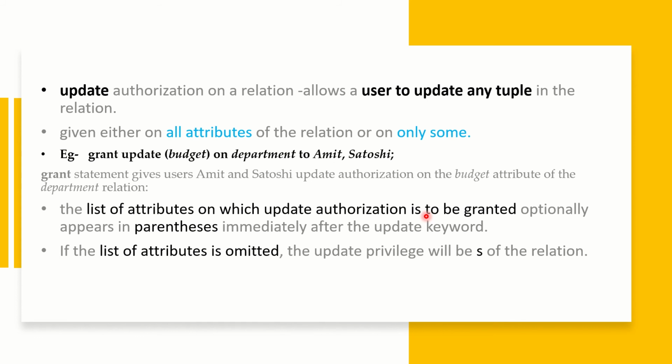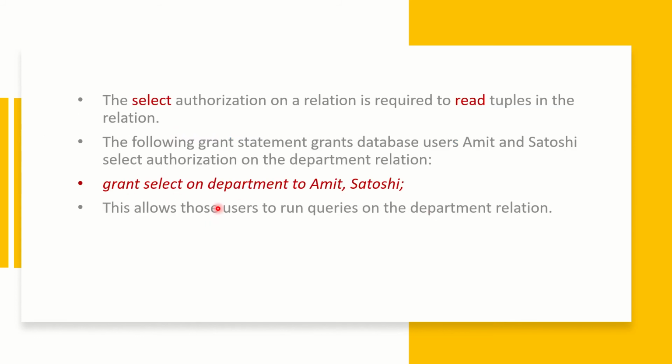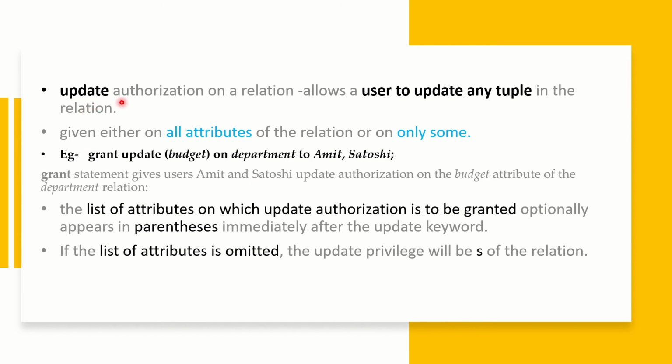So this is the example of a grant statement. In this example, we are granting the select privilege to two persons on the department table. That means the privilege to select or retrieve data on this department table is given to these two persons. In the same manner, we can write the update authorization. Update authorization means that the user will have the privilege to update any tuple in the corresponding relation.